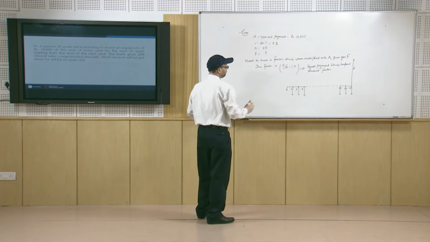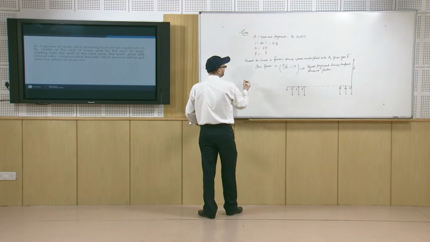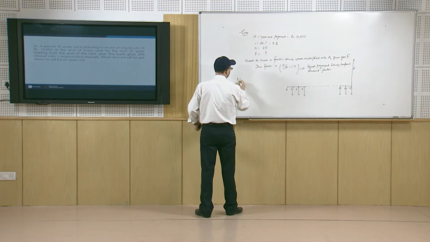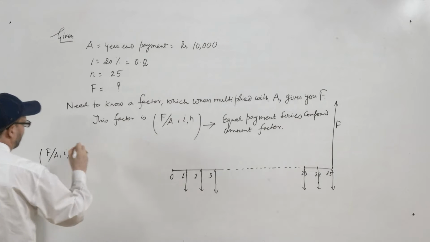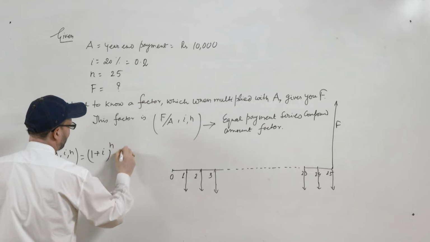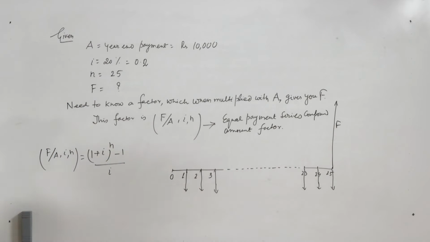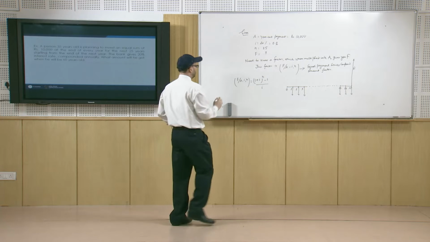So, for this F, we know that F by A, i, n is nothing but (1 plus i) to the power n minus 1, divided by i, and we know the values of i and n.